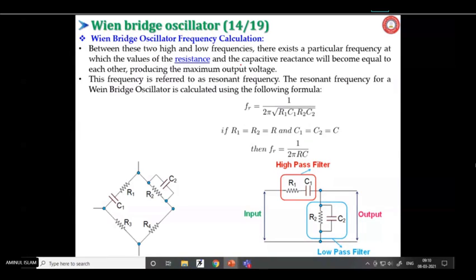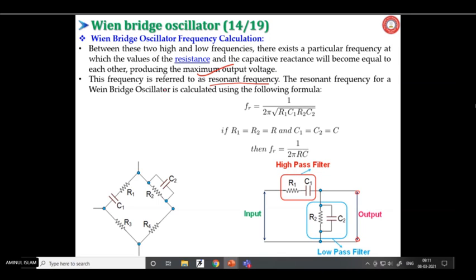Between these two high and low frequencies, there exists a particular frequency at which the value of resistance and the capacitive reactance become equal to each other, producing a maximum output voltage Vout. This frequency is referred to as the resonant frequency.